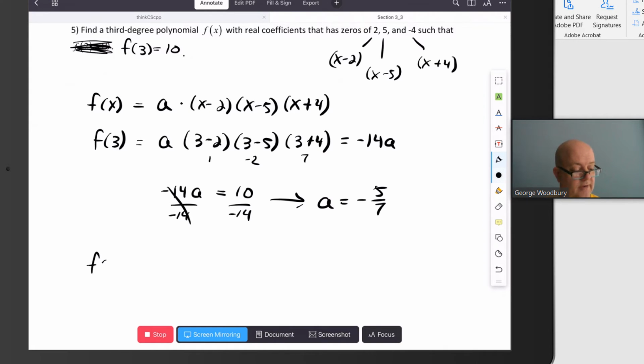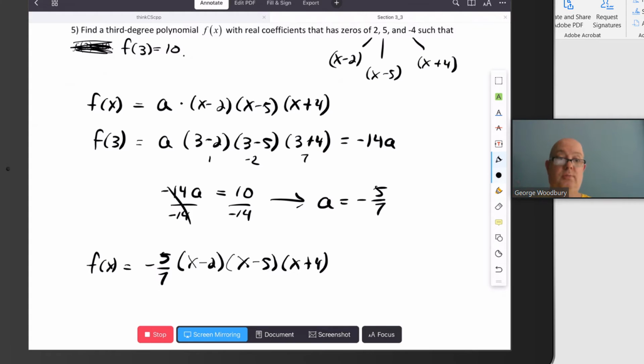So our function, f of x, is -5/7 times x minus 2 times x minus 5 times x plus 4. Now, you could expand that, multiply that out if you want to, but this is good enough. This is the function. It shows the three zeros, 2, 5, and -4. It shows the coefficient a, and that's the function that satisfies it all.